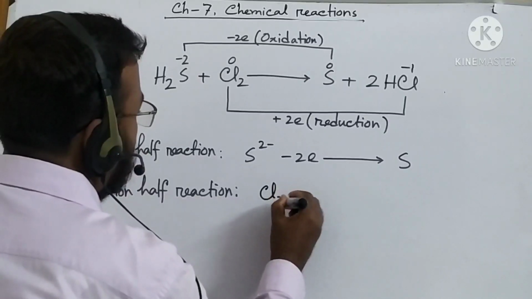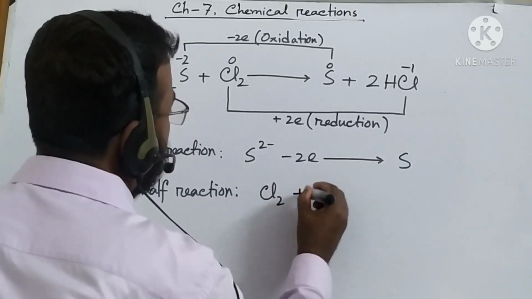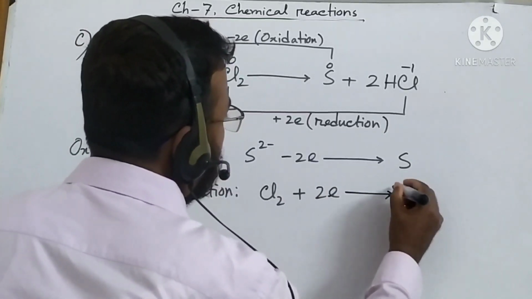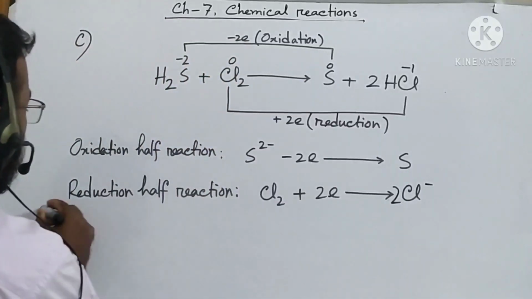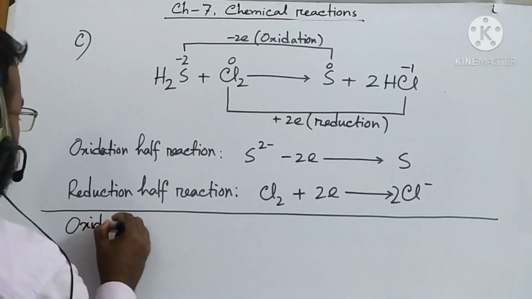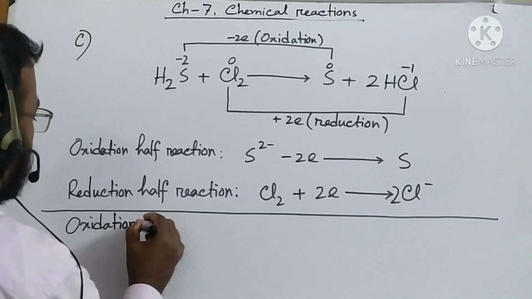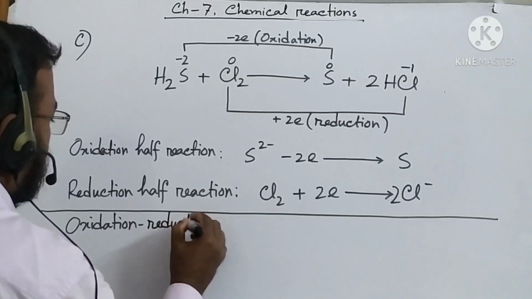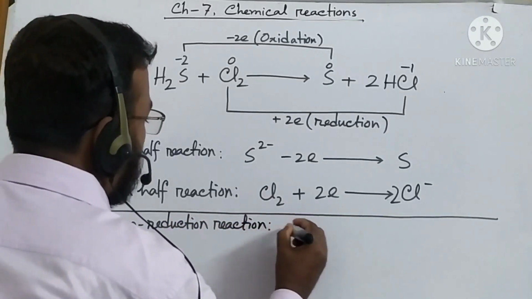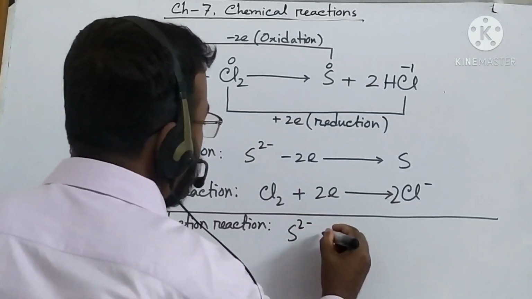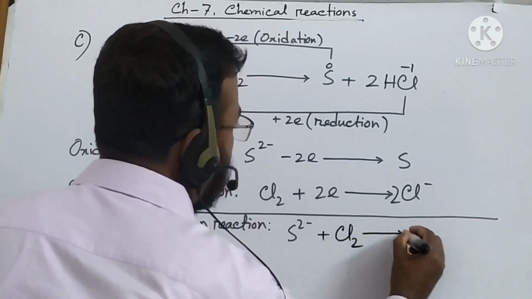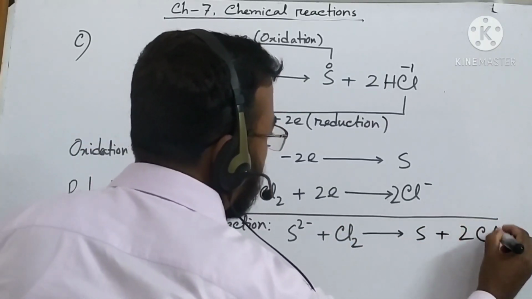Chlorine receives electrons, then it becomes 2Cl minus. Okay, now oxidation reduction reaction. It will be sulfur 2 minus, so 2 electrons are omitted, then sulfur plus 2 chloride.